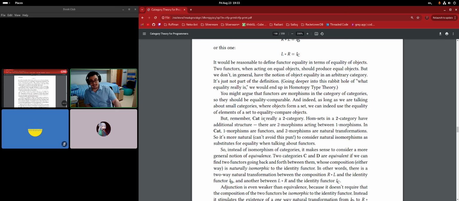But remember, Cat, the category of categories, is a 2-category, which means that we have 1-morphisms and 2-morphisms. The 1-morphisms are functors, and the 2-morphisms are natural transformations.